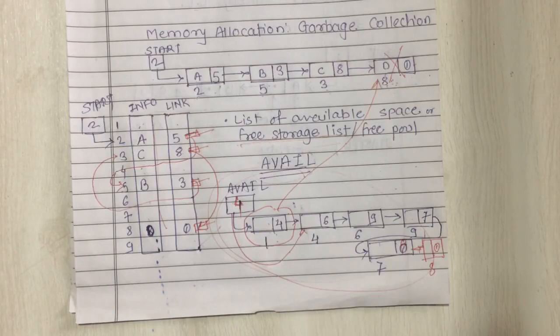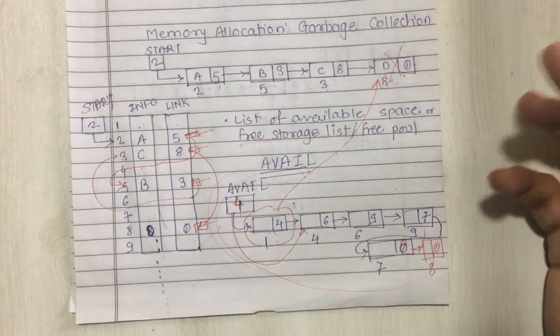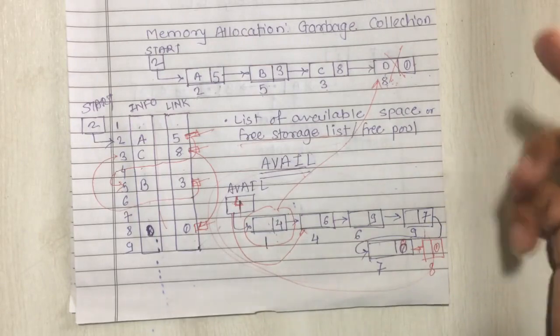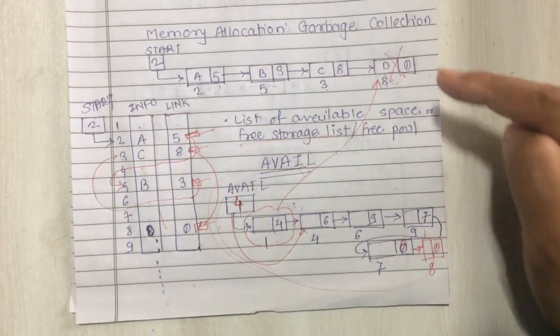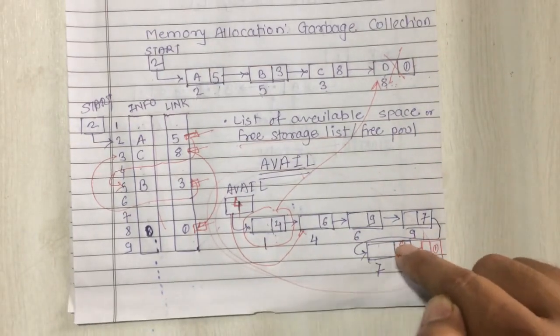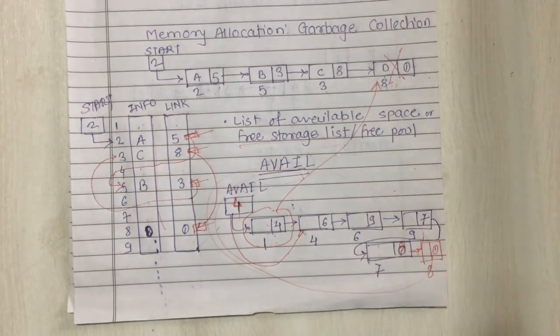What is the use of this free storage list? In case of insertion, we require free nodes. That time we use these free nodes from the avail list. And whenever a node is deleted from the list, we connect that node to the avail list, or free pool, or free storage list.